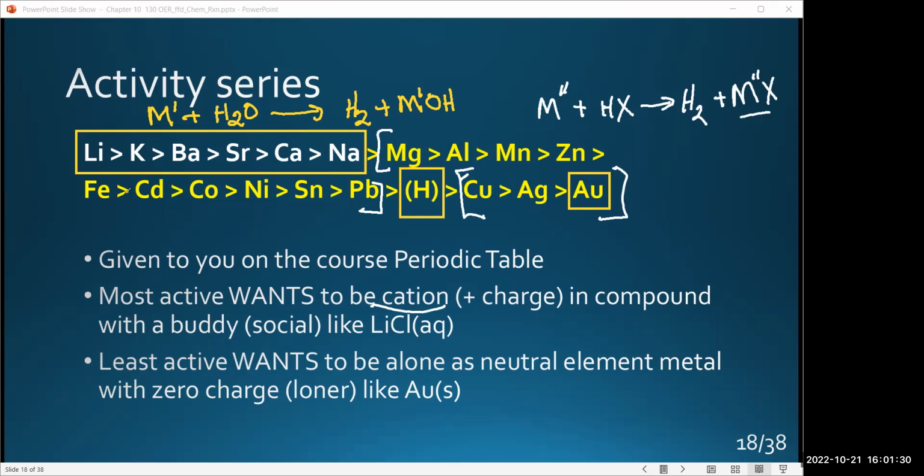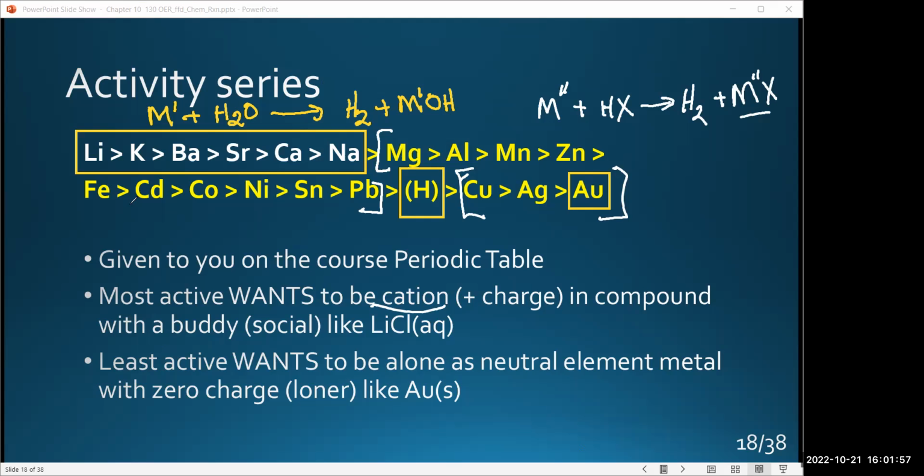So lithium would rather be lithium plus than be lithium if it has the choice, especially if the metal it's placed with is less reactive than lithium. It will change places. Okay, this is how that's working.